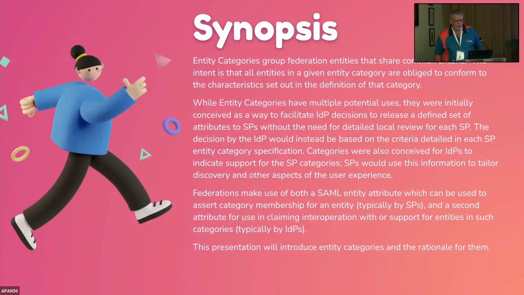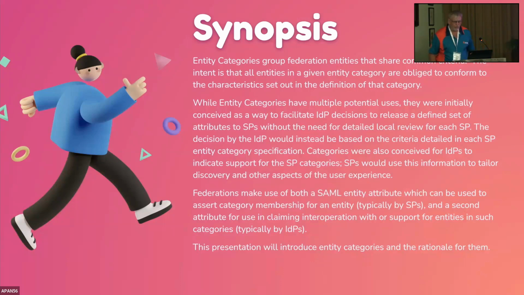While entity categories have multiple potential uses, initially they've been used to facilitate decisions on releasing defined sets of attributes to services. It's just a more formal way of making it easier for identity providers to say, we have better trust in that particular service because they've gone through some sort of process with their federation operator to be entitled to say they're part of that particular entity category.